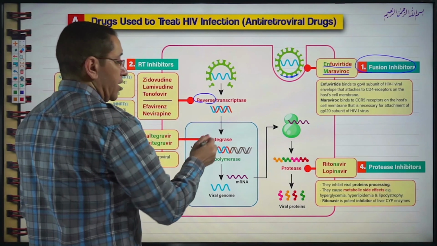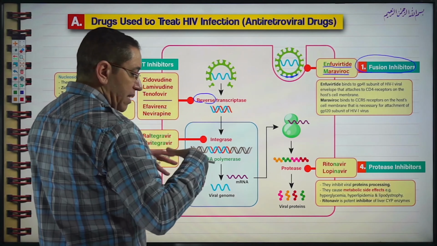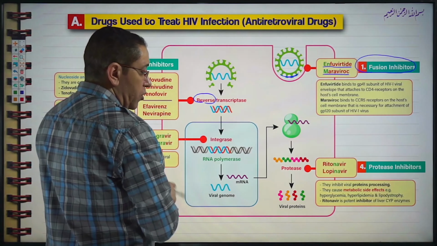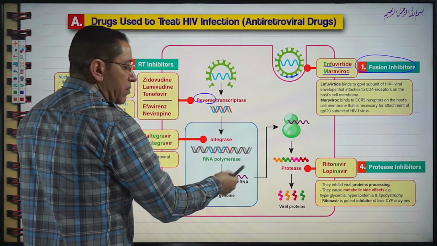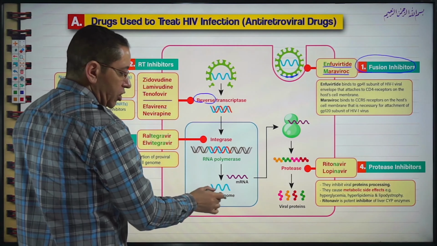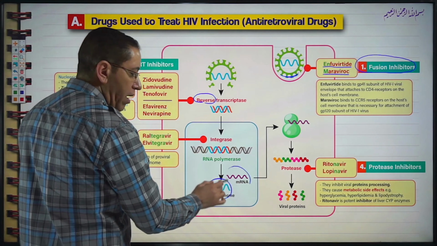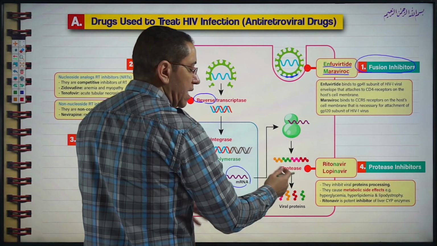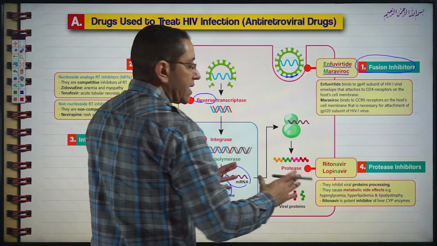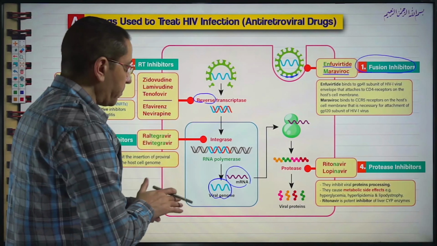Then it enters our body cells, the cells that are called T lymphocytes, or the immune cells. It thrusts its DNA in the genome and starts to replicate itself, copying its original genome, then an RNA. Then it sends the RNA outside to be translated into proteins, which are processed by the enzymes that's called protease and so on, the same as I explained in the past video.